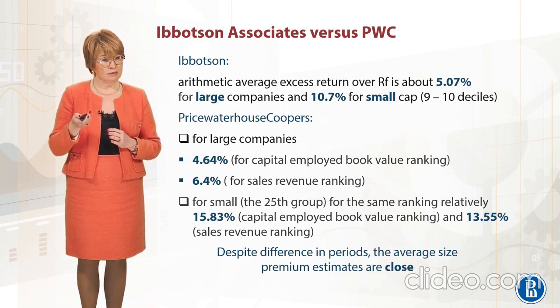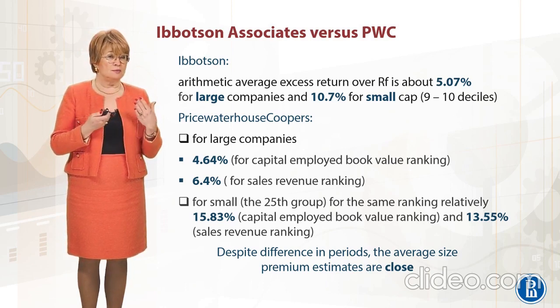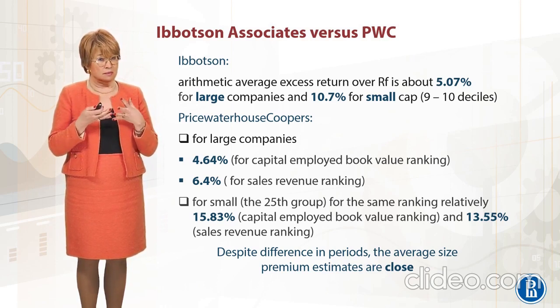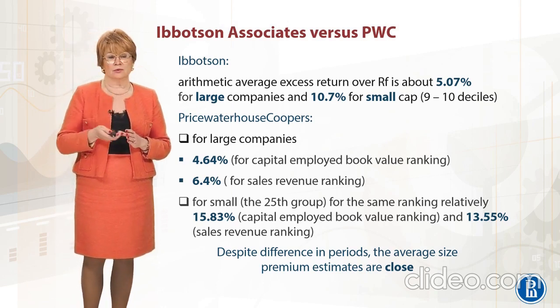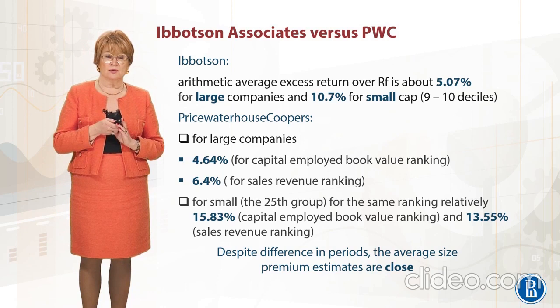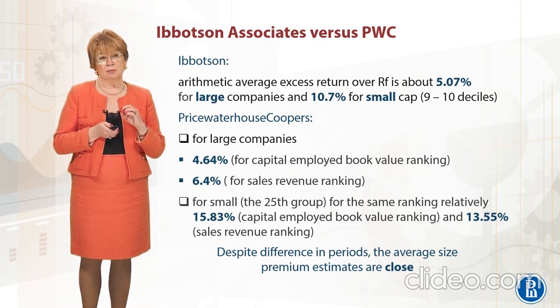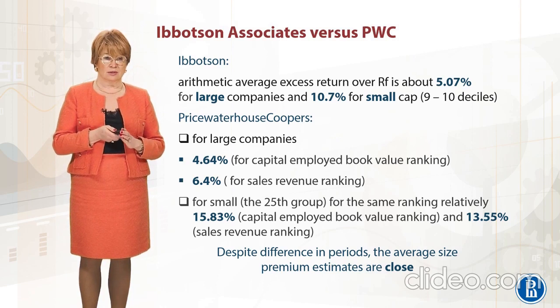Nevertheless, Ibbotson Associates applies a different type of criteria. For the smallest companies, the difference between the two agencies is not as low as for the large companies, as you see here. But remember, PricewaterhouseCoopers uses 25 groups. So the small companies in terms of PricewaterhouseCoopers are even much smaller in size than Ibbotson Associates has in the 9th and 10th deciles.